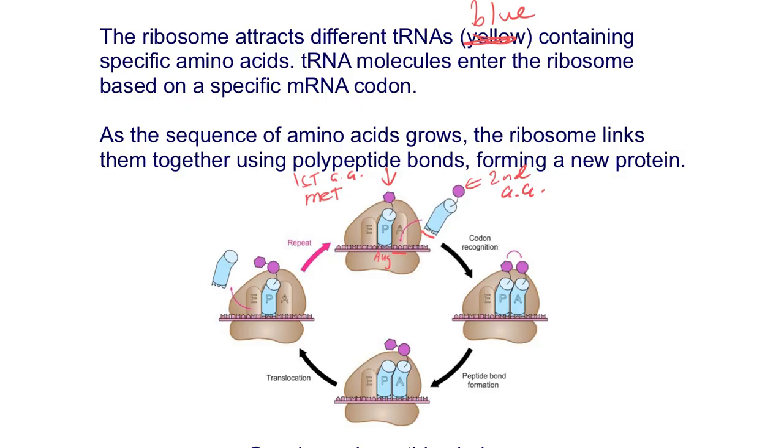Okay, as soon as that tRNA enters, this bond forms between the two amino acids. And as soon as that bond forms, that takes ATP, by the way. So ATP is used to form that bond.